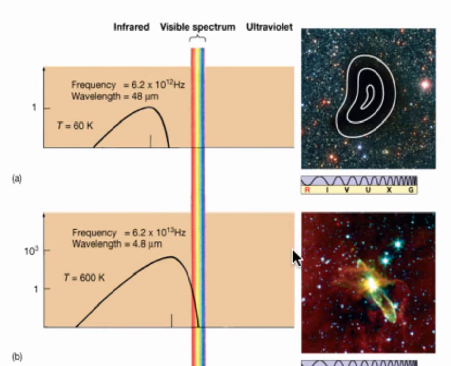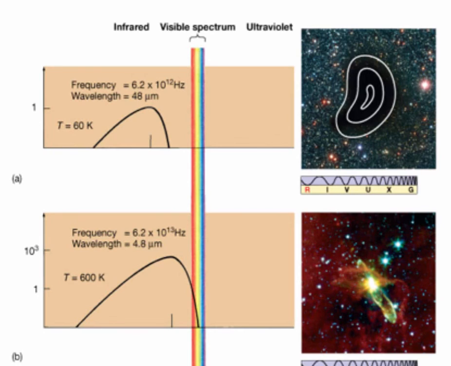The object above it is a cold gas cloud that is just beginning to form into a star. In fact, it's so cold we don't see any optical light coming out. There's probably a very, very tiny bit of optical light, but not even in a large telescope can we see it. This cold gas has a temperature of 60 Kelvin. 60 Kelvin is extremely cold.